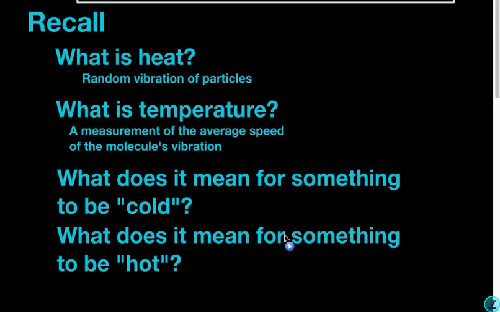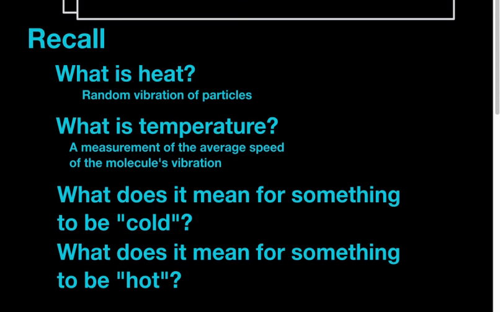And on the flip side, something that's hotter will have molecules vibrating more quickly. So we have slow vibration for molecules that are cold, and faster vibration for molecules that are hot. Okay, all right.